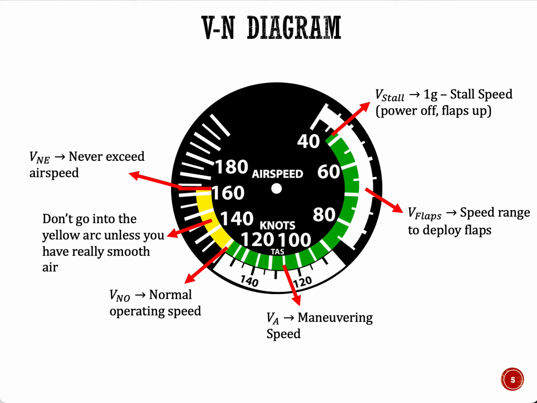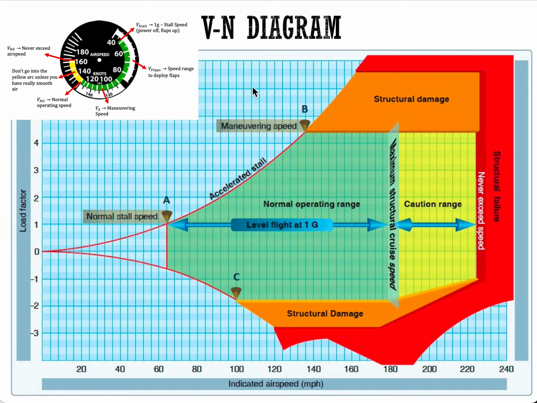That's essentially why we look into what is called the VN diagram, because this velocity essentially translates to the load factor, which is also known as G's acting on the airplane. Here is a typical VN diagram, sometimes also referred to as VG diagram, for a particular aircraft.